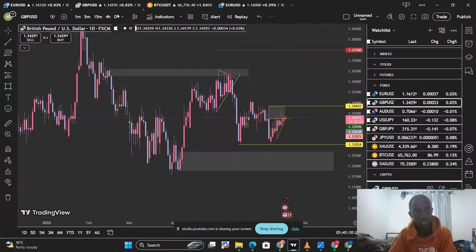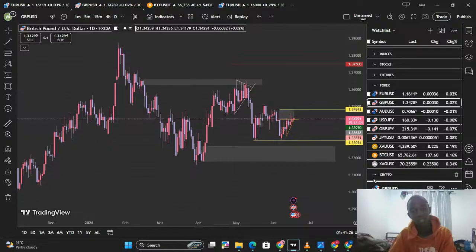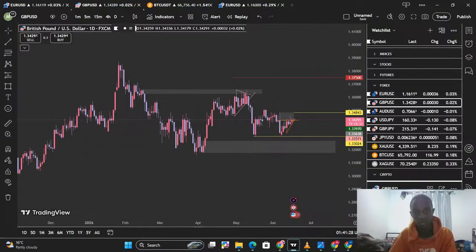When we go to the daily time frame, you can see that we're already in a downtrend position, unless we make something like a change of character. We're still in a downtrend, because this was our move.